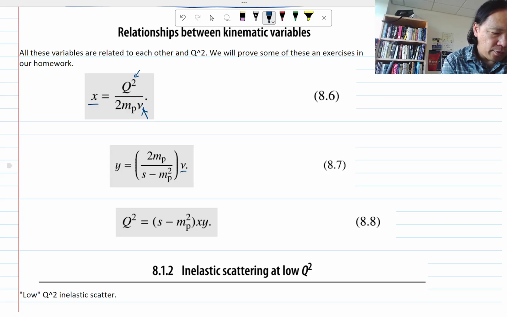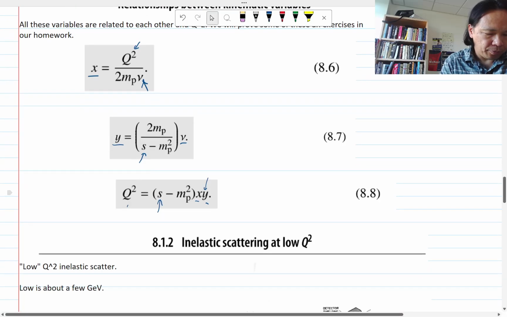If you have nu and the center of mass energy, you can calculate what y is. If you want to figure out Q squared and you have x and y, you can just multiply those two together. And if you know the center of mass energy, you can also calculate Q squared. We'll go through some homework to derive these relationships.